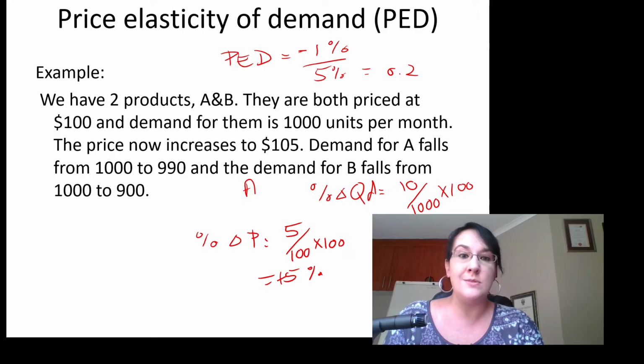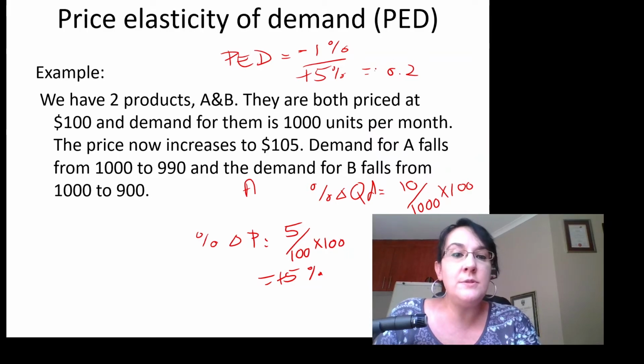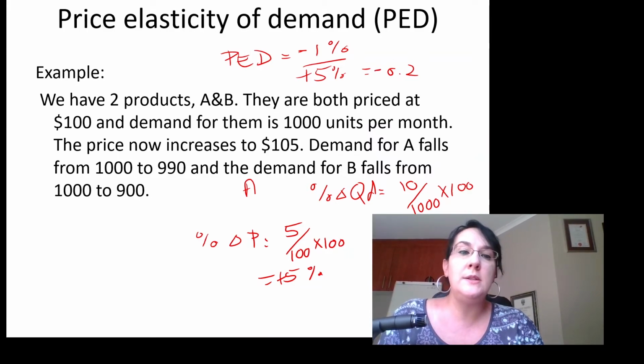As price goes up, quantity demanded will go down. So if I look at this again, I'm looking at minus 1 divided by plus 5. A minus divided by a plus gives me a minus. Okay, so 0.2, without the minus, tells me it's smaller than 1.